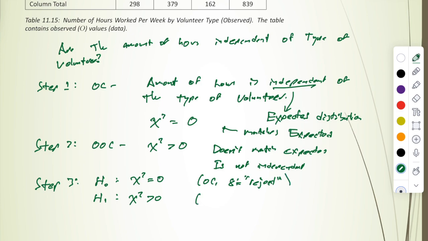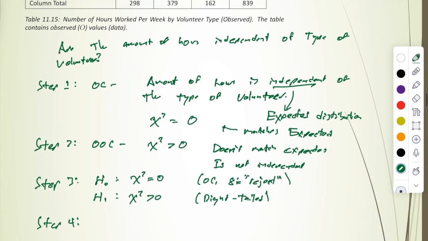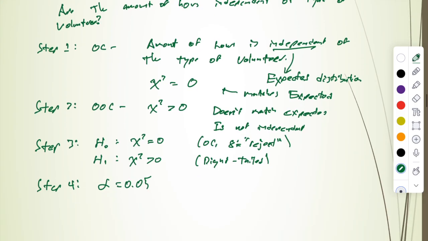And then this is going to be right-tailed. Awesome. Step 4 didn't give a significance level, so let's go with alpha equals 0.05. Step 5. Okay, here we go.